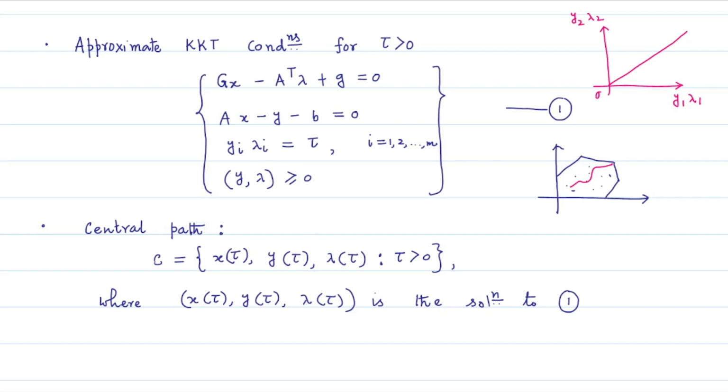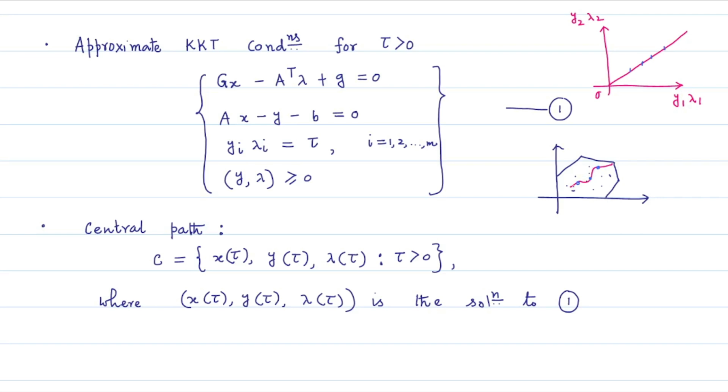And we now look at the points in this central path. We notice that the points in this central path are those points which are solutions to these equations 1, right? Therefore y tau lambda tau must be satisfying that their product is equal to tau. Any point in the central path lies on this straight line, and hence in the feasible set the corresponding points lie on this particular trajectory.